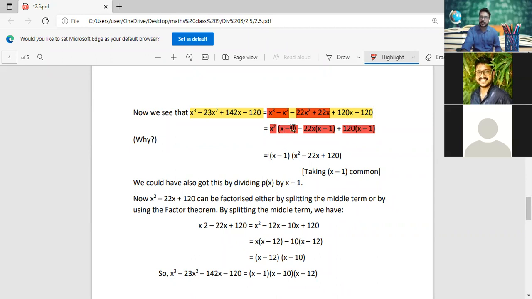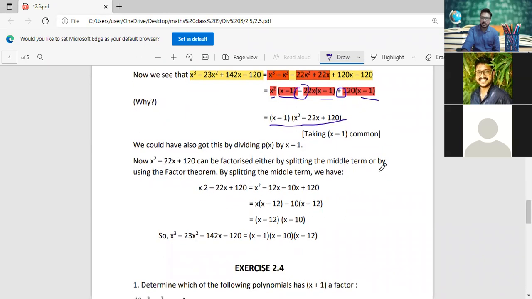So again, in each of these cases, the common factor x minus 1 is there. So we are taking x minus 1 and the remaining terms: x squared, then the minus sign and 22x, the plus sign, and again the remaining 120. So we have just factorized x cube minus 23x squared plus 142x minus 120 as x minus 1 into x squared minus 22x plus 120.